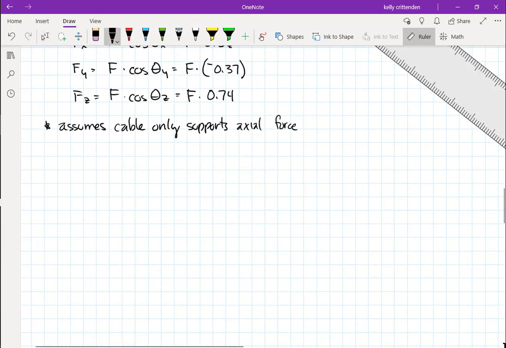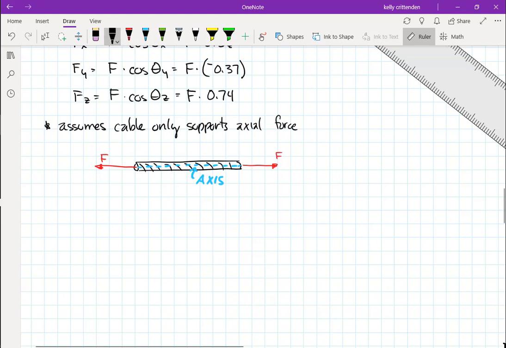So basically what I'm saying is that if you have a cable, then it has a longitudinal axis and there's only that one axial force. So there's an axis and this force is along that axis. It could be either pulling on it, like this, where it's in tension, or it could be pushing on it in compression. For cables, you really kind of assume they're in tension.